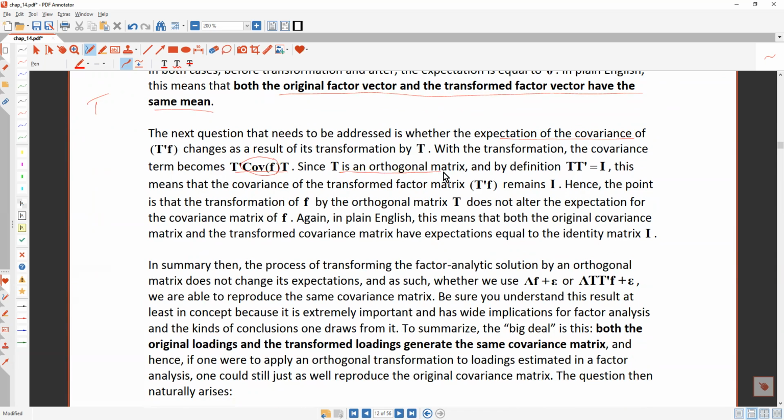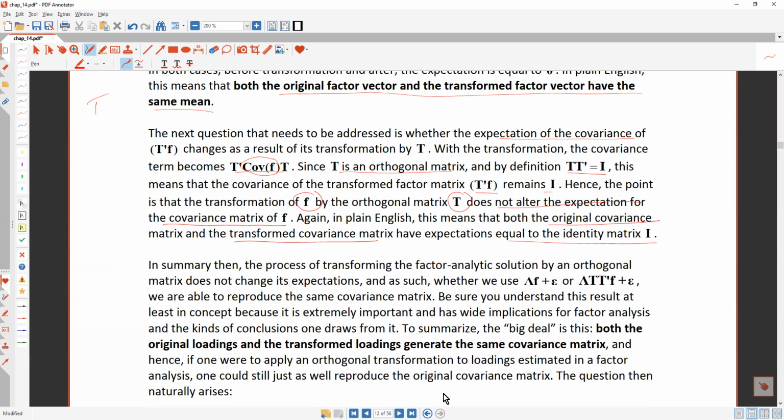Since T is an orthogonal matrix, and by definition this holds, that remains I. So the transformation of F by the orthogonal matrix does not alter the expectation for the covariance matrix of F. What this means is the original covariance matrix and the transformed covariance matrix have expectations equal to the identity matrix.